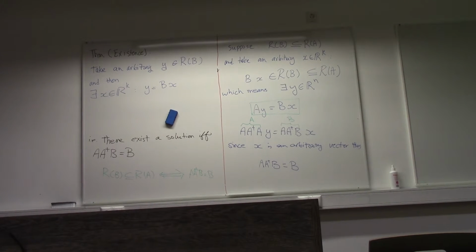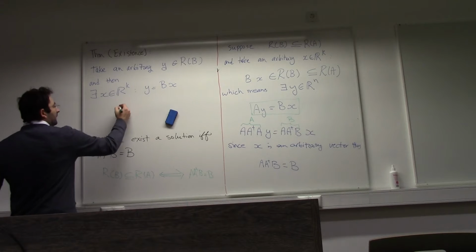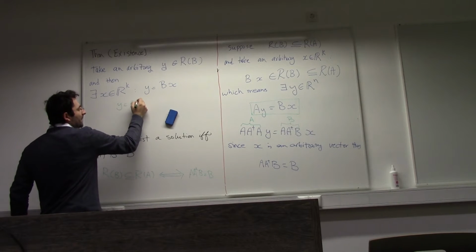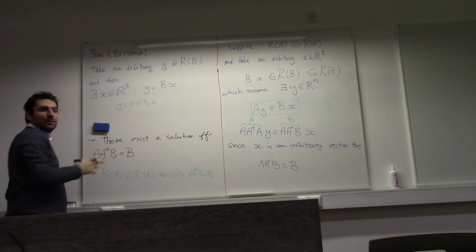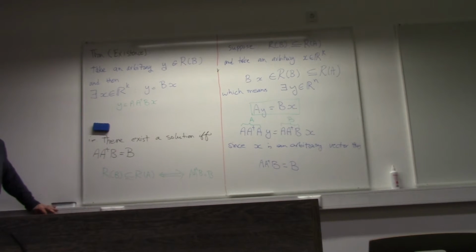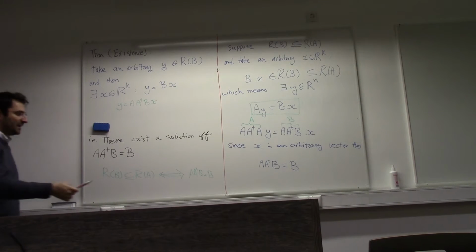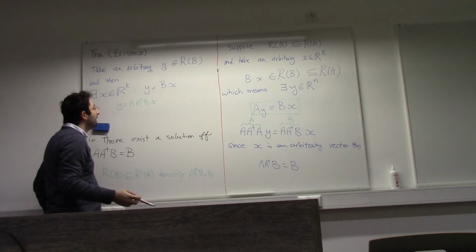Now, instead of B, I write y is equal to AA⁺Bx. Is it correct? Because we said this is true, right?